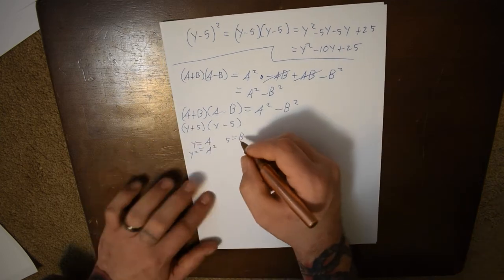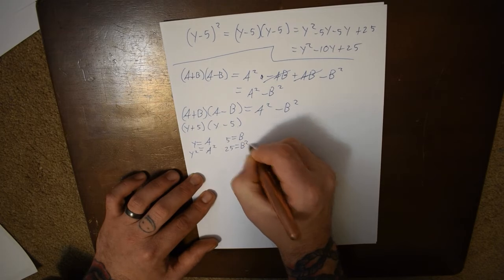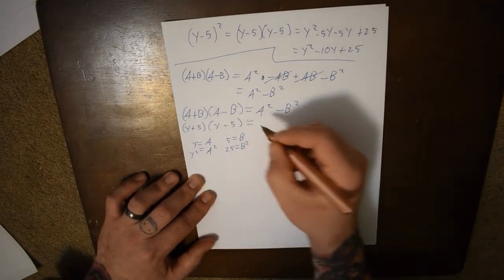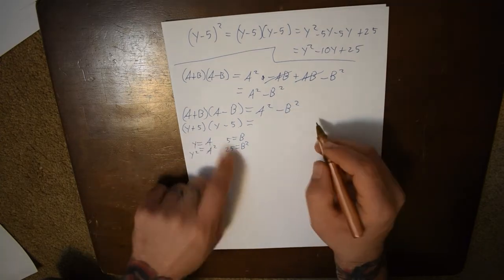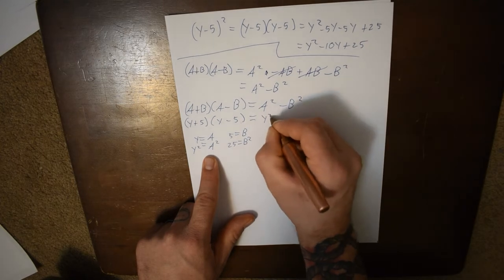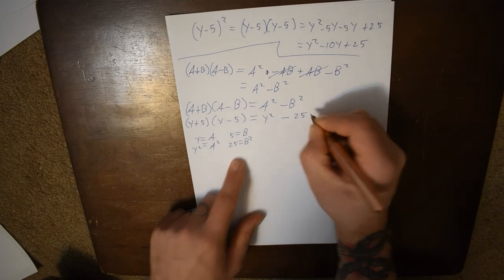When we go through and square both sides, that says 25 is equal to b squared. So we've got all the pieces that we need. We know that (y plus 5) times (y minus 5) is going to be equal to a squared, or y squared, minus b squared, which is 25.